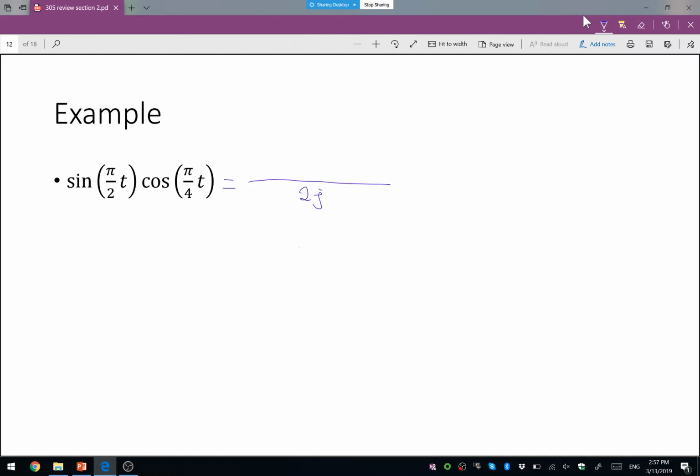So we have 1 over 2j times e to the power of j pi over 2 t, minus e to the power of minus j pi over 2 t, because it's sine, times the cosine, which is 1 over 2 times e to the power of j pi over 4 t plus e to the power of minus j pi over 4 t.